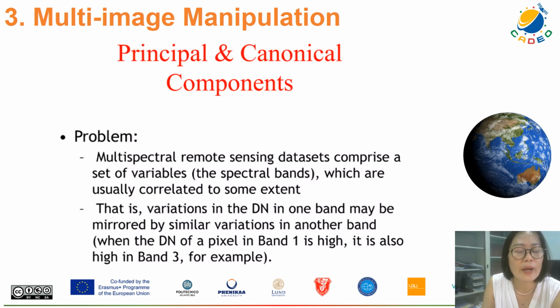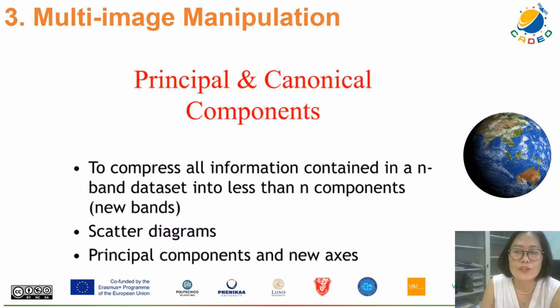That is, variations in the digital number in one band may be mirrored by similar variations in another band. When the digital number of a pixel in band 1 is high, it is also high in band 3, for example. In this situation, the two techniques will compress all information contained in an n-band dataset into fewer than n components, or new bands, scatter diagrams, principal components, and new axes.